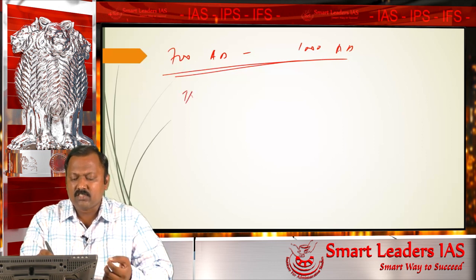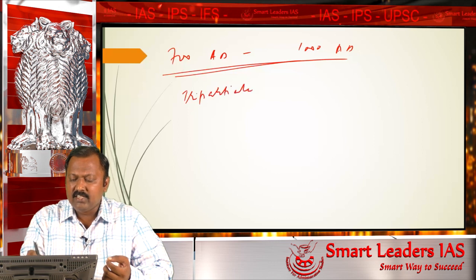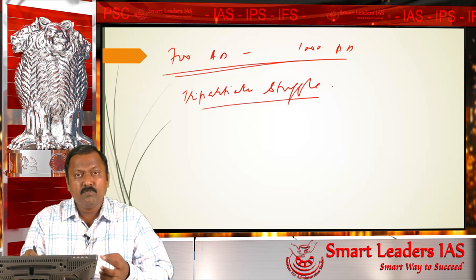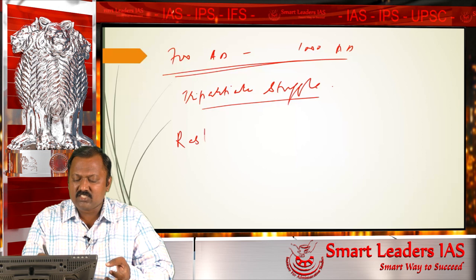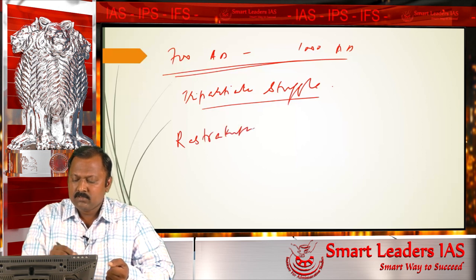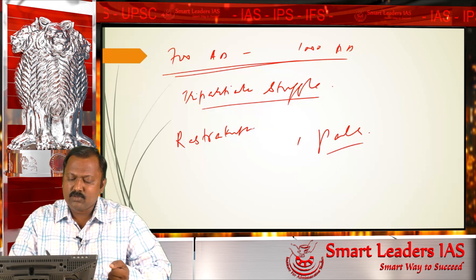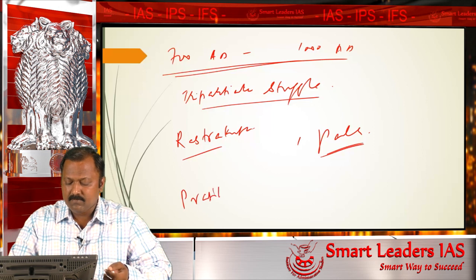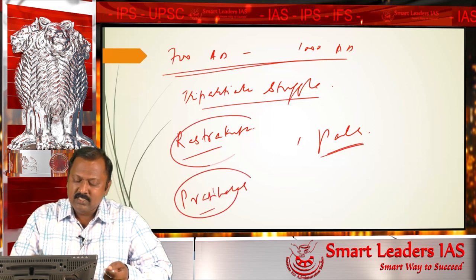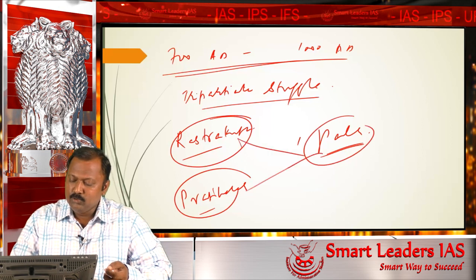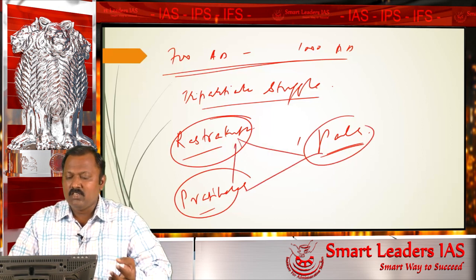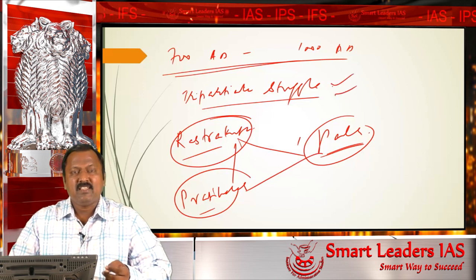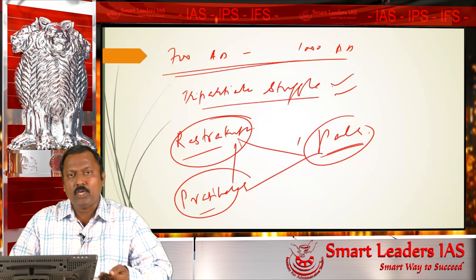This fight in history is called the tripartite struggle, which means three important dynasties fought: the Rashtrakutas, the Palas, and the Pratiharas. They mutually fought against each other. This struggle continued to weaken the political history of northern India, and was essentially a period of mutual destruction in both polity and economy.